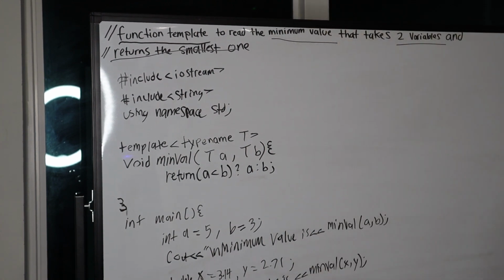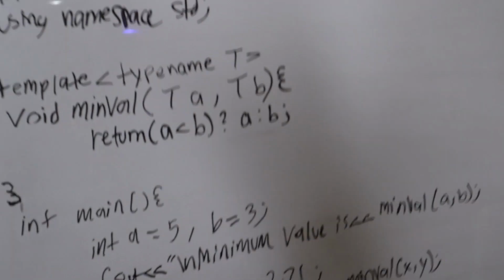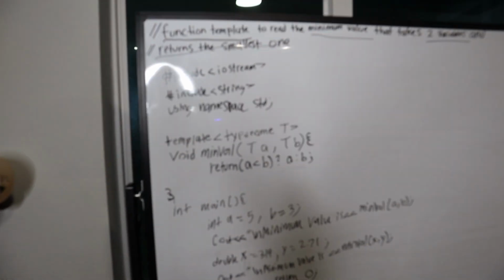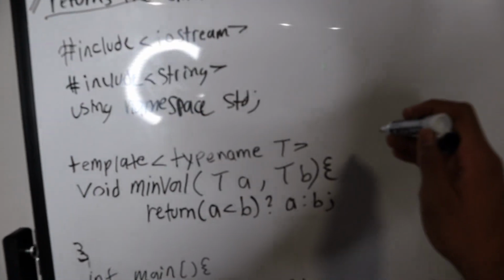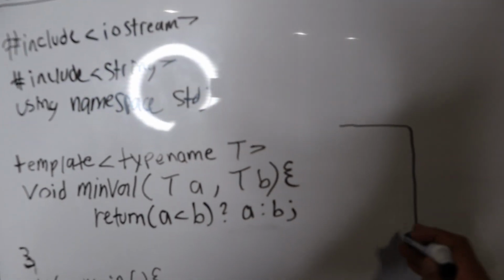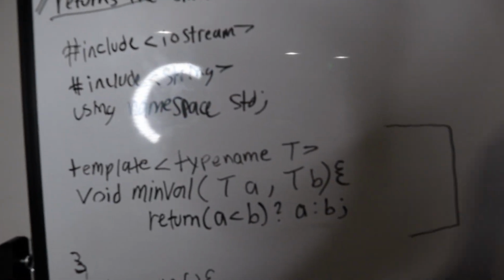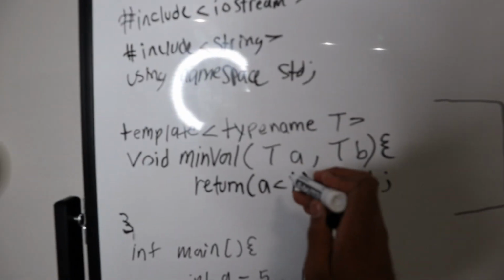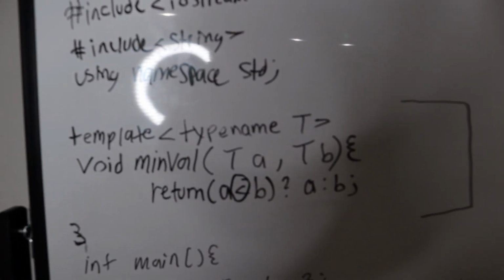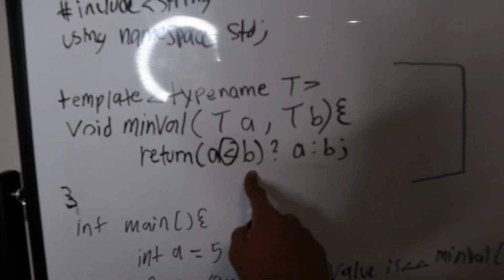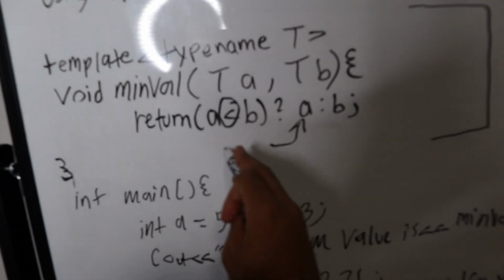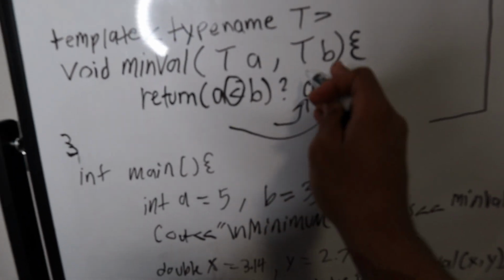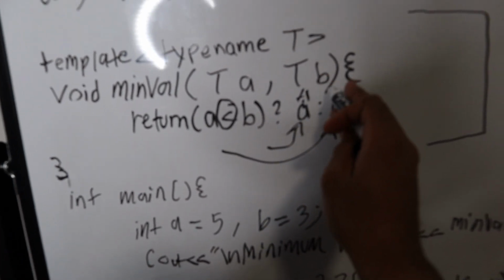So come and check out the board. Let's go through everything in a more brief description. We have our template right here, as you can see, and we compared the two variables using this operator right there. We compared a and b, and we placed the lower one, so a or b, depending on whether it's higher or lower.